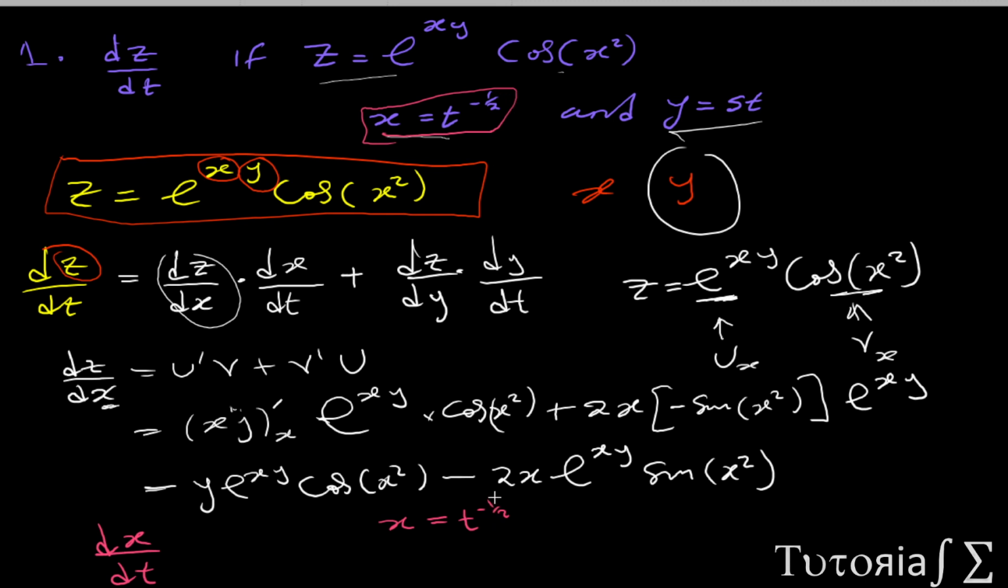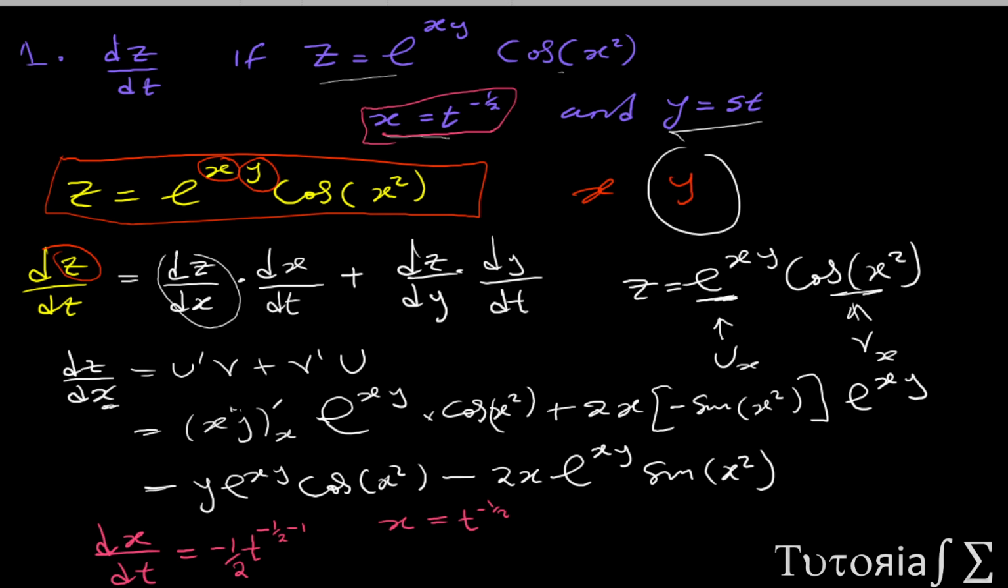How do you differentiate? You drop the power. So this will be equal to negative half. Okay, you've dropped the power. Then you write t to the power negative half minus 1. So you subtract 1 from the power.